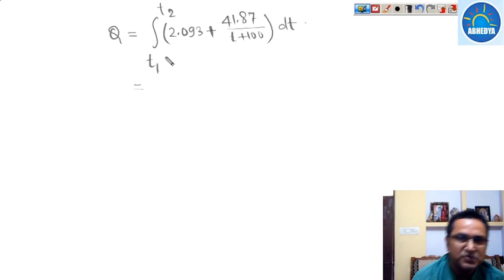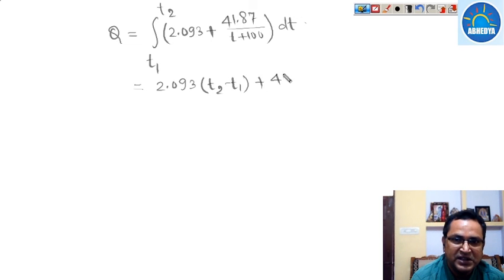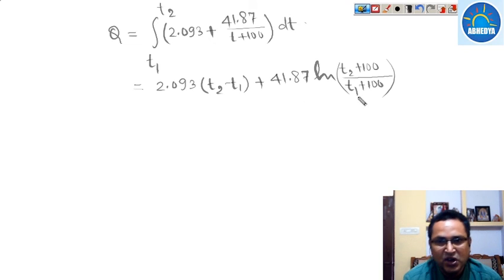So once we calculate it, this value comes out to be 2.093 into T2 minus T1 plus 41.87 ln of T2 plus 100 upon T1 plus 100. This is the basic integration, and I hope you know how to integrate this and take the limits.